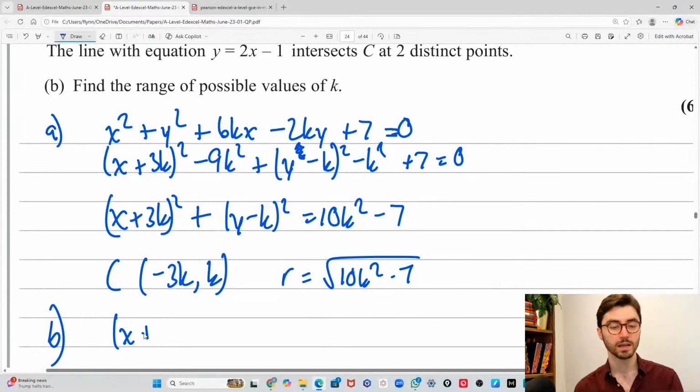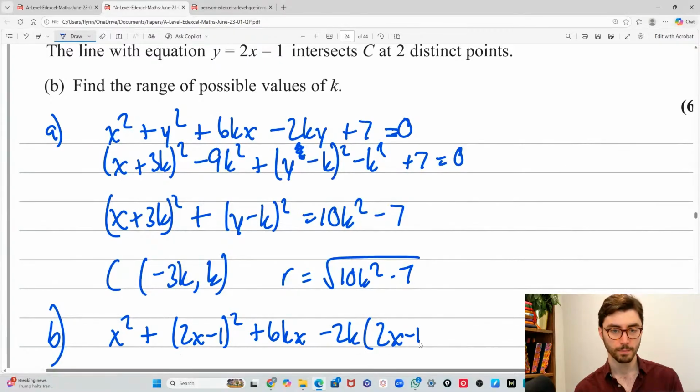So that means x plus, in fact, no, let me substitute it into the already expanded out form. So x squared plus y squared plus 6kx minus 2ky plus 7 equals 0.